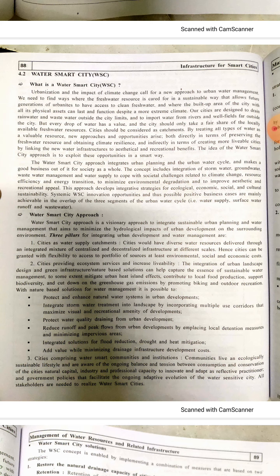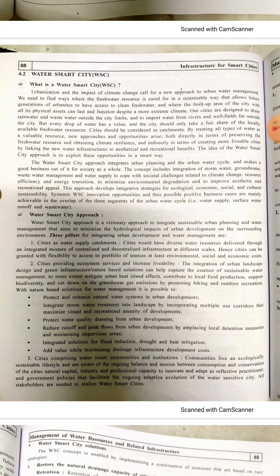Urbanization and the impact of climate change call for a new approach to urban water management. We need to find a way where fresh water resources are cared for in a sustainable way, to allow future generations of urbanized people to have access to clean fresh water.